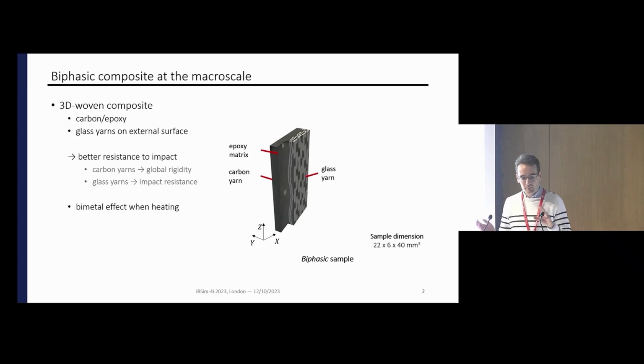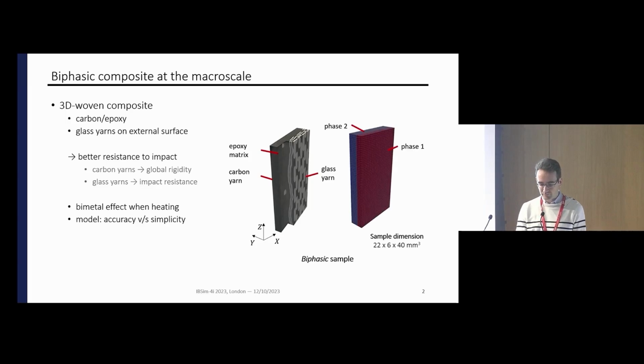But the problem is that for those kinds of materials, in our application a part can see temperatures from minus 40 degrees Celsius to 120. And due to the heterogeneity, what is called a bimetal effect can appear. So this kind of part will bend when you heat it.